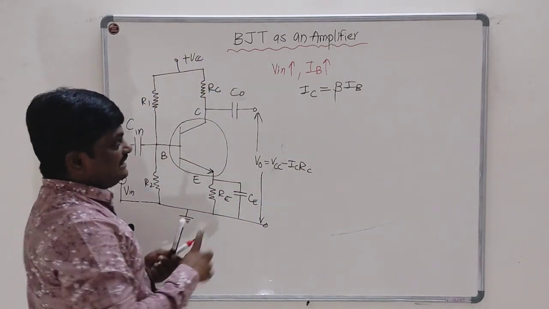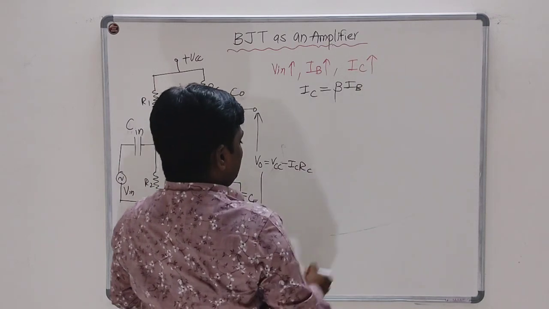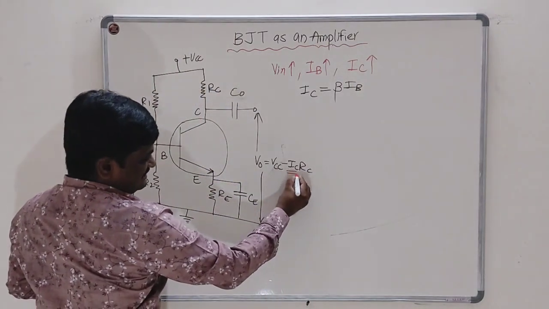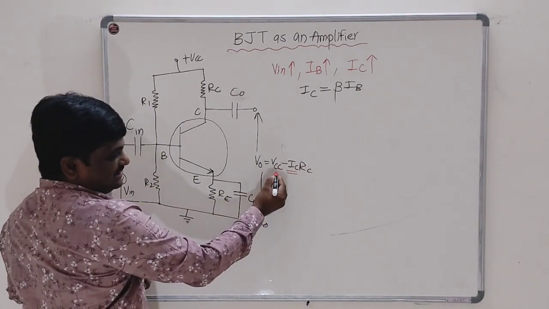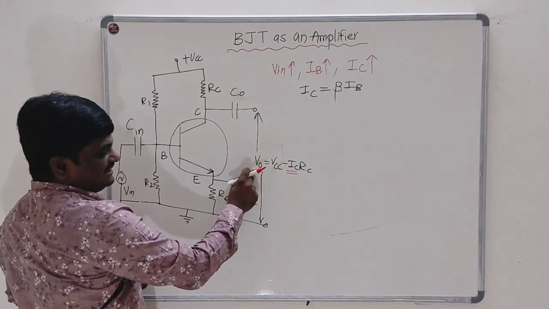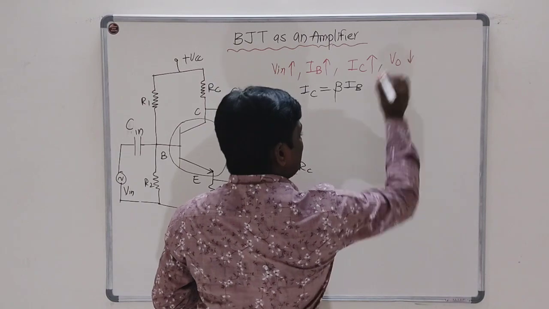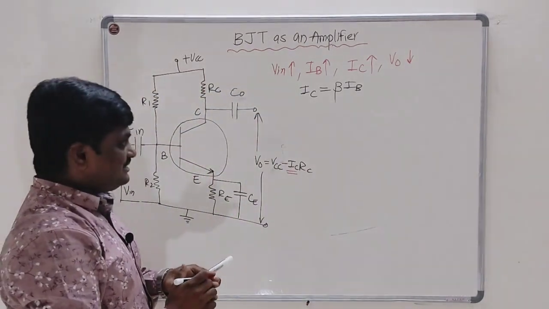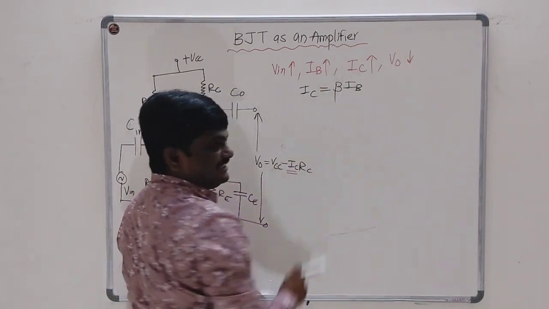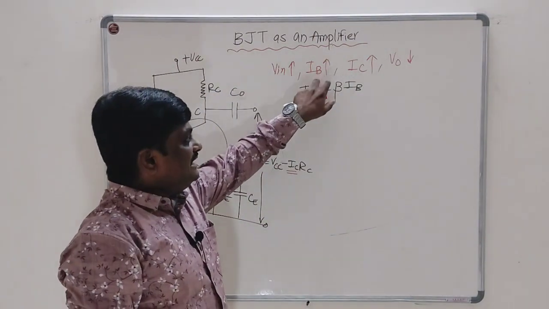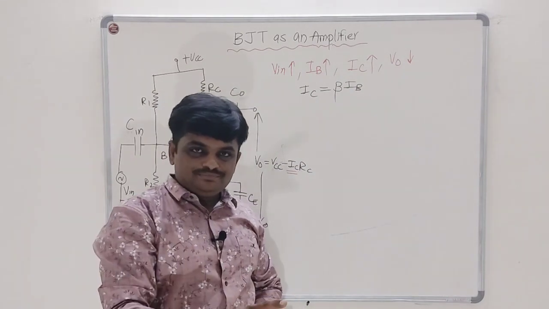So with an increase in IB, the collector current will increase, and RC is constant, VCC is constant, hence if the collector current is increased, the output will decrease in magnitude. So if you consider the input and output, if the input is increasing, the output is decreasing. That is why there is a 180-degree phase shift between input and output, right?